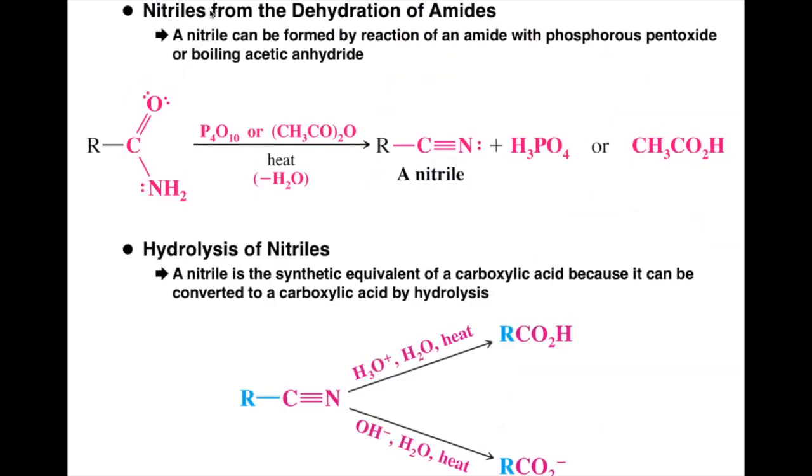Okay, nitriles. Okay, nitriles from dehydration of amides. So you have an amide, you can react this with phosphorus pentoxide or boiling acetic anhydride. So you form your nitrile.